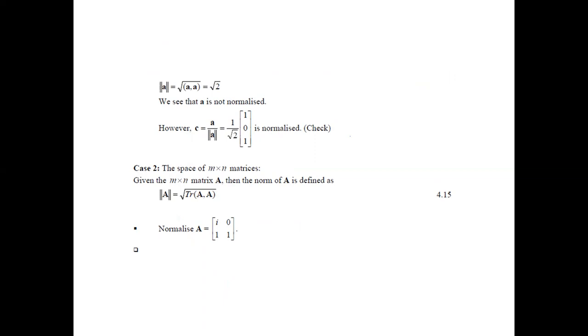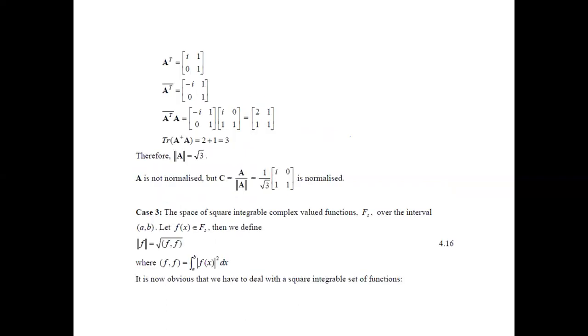Case 2, the space of n by n matrices. Given the n by n matrix A, the norm of A is defined as norm of A equals square root of trace of A with itself, the inner product of A with itself. As an example, let us normalize A, which is (i, 0; 1, 1).